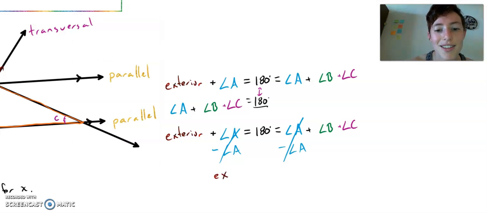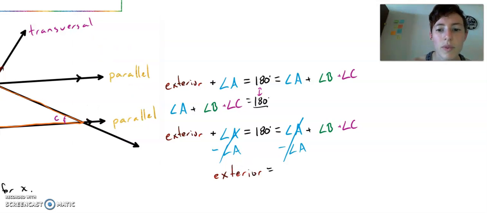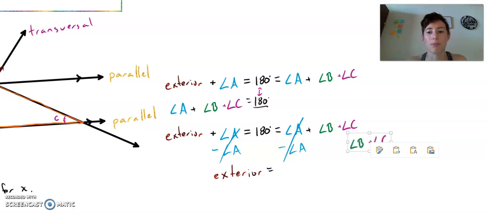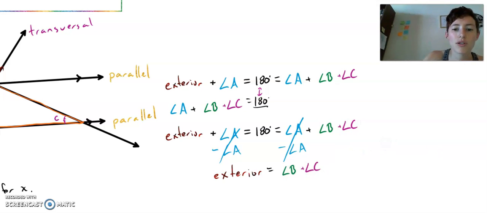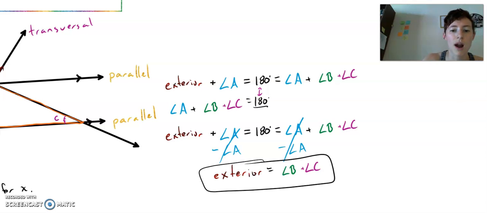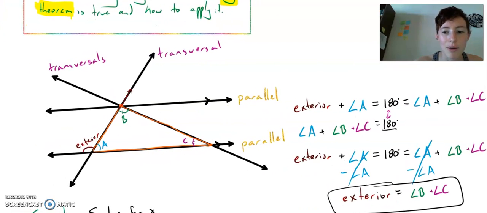Alright, the exterior angle is equal to both of these angles. Angle B plus angle C. So let's look at what that shows us on our diagram over here.